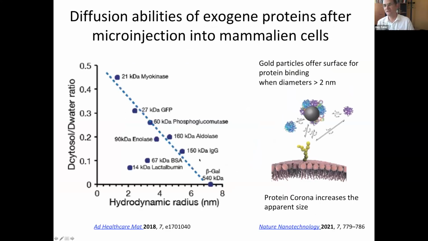This is just the theory, a physical scheme. You see the diffusion ability of exogenous proteins after microinjection into mammalian cells. D cytosol over D water is the diffusion coefficient, plotted versus the hydrodynamic radius.